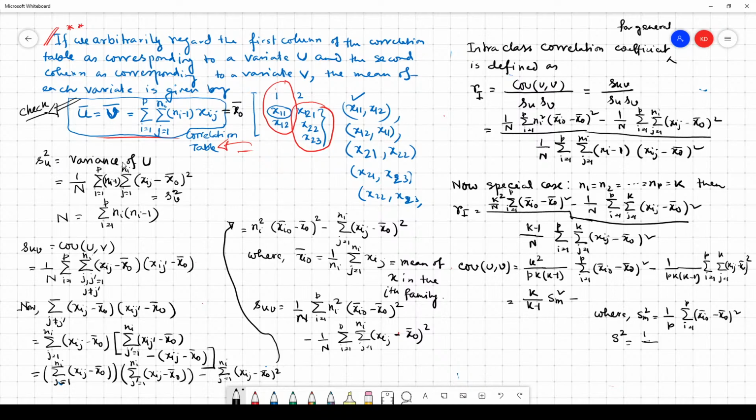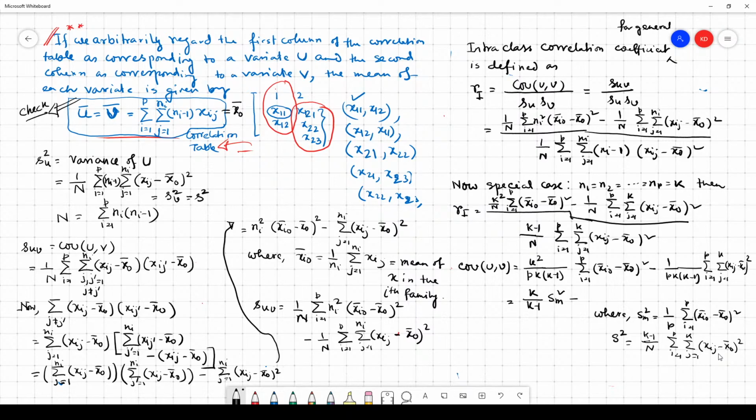Since SU square equals SV square, I denote this by S square. So S square is 1 by n, which in that case is 1 by n times k minus 1, sum over i from 1 to p, j from 1 to k of (xij minus x naught bar) whole square.